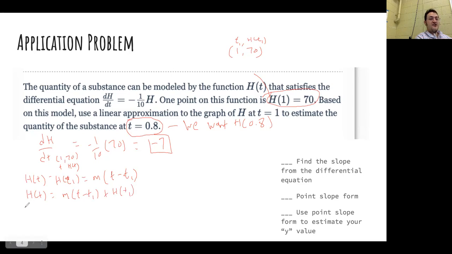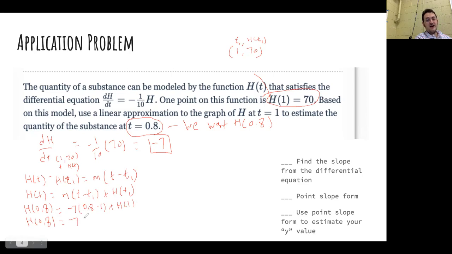And if I want to find h of 0.8, what that means is that my slope is -7. My t is going to be 0.8 minus 1. And then my h of t1, this is just my initial condition here. This is just h of 1. And you don't have to do this step. But the step that I do like to see here, I'm just going to clean this up.